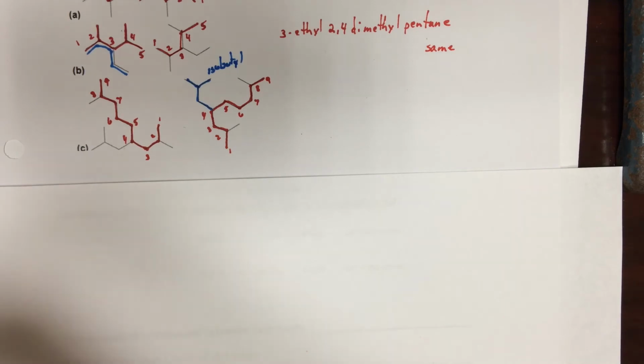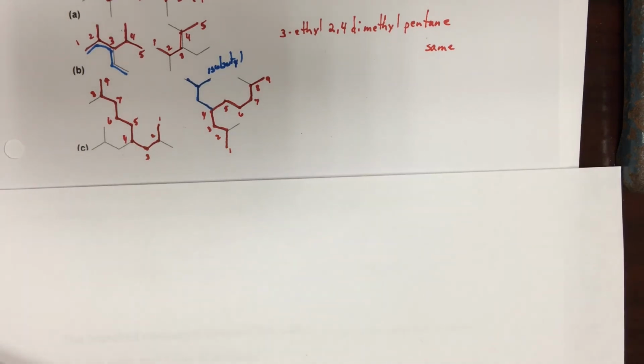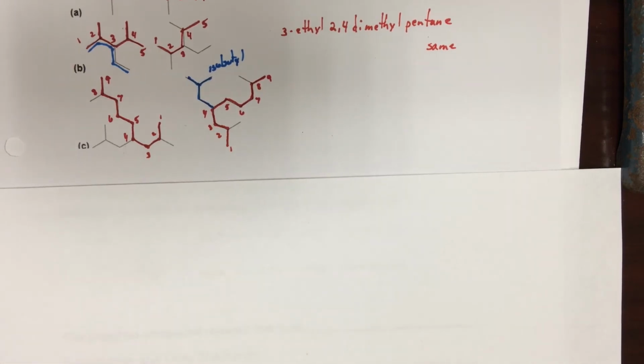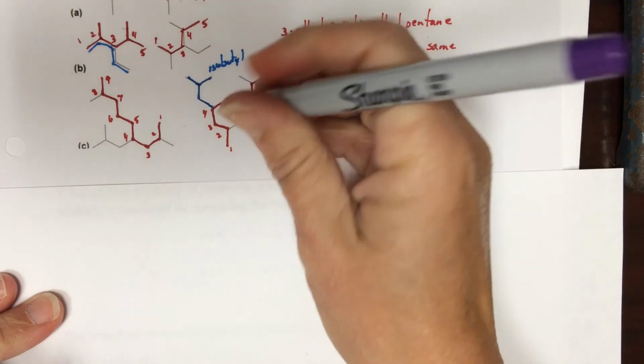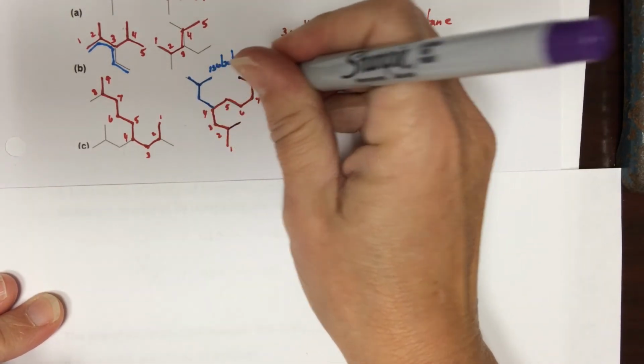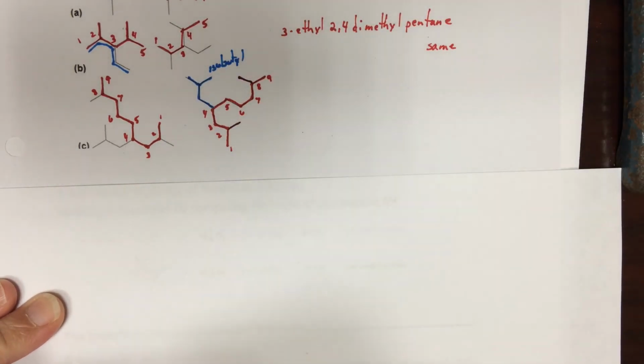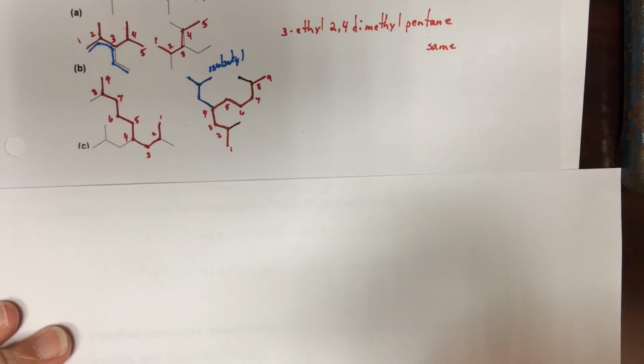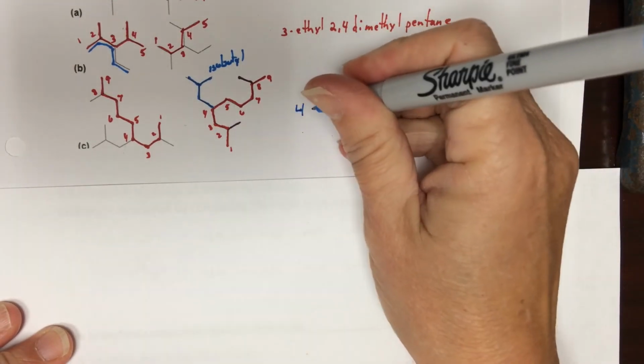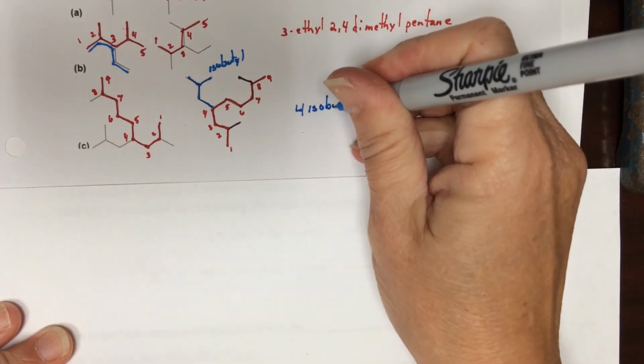And they both have methyls off the second and eighth carbons. So this would be a 4-isobutyl.